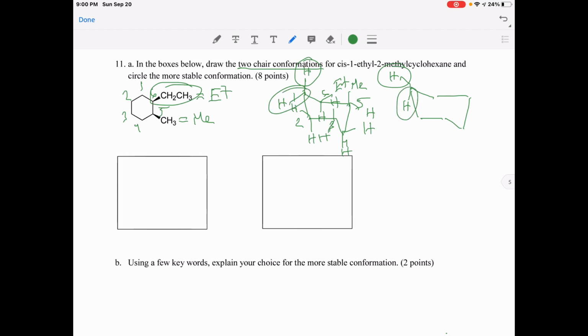So when we apply that same principle to all the other ones, we get the final structure like this. The ethyl substituent is now axial up, and that hydrogen now becomes equatorial down instead of axial down. And for methyl, we now get equatorial up instead of axial up.